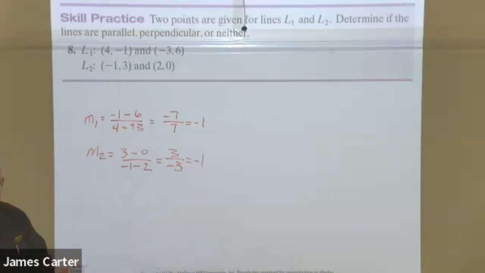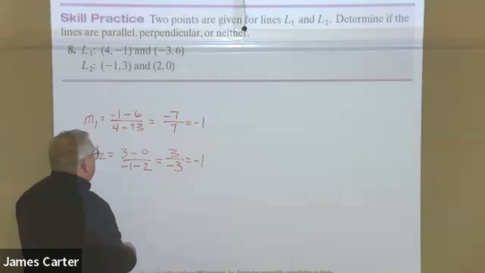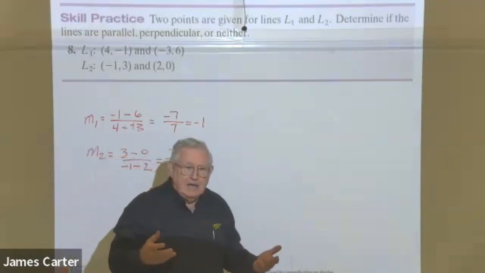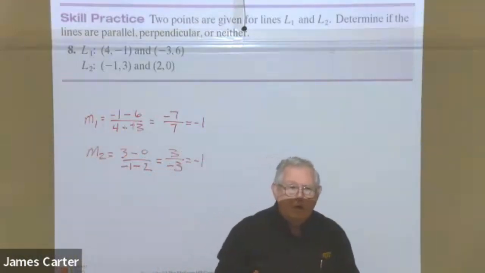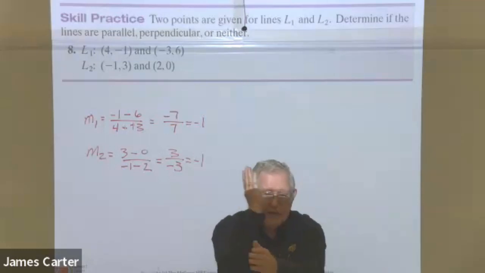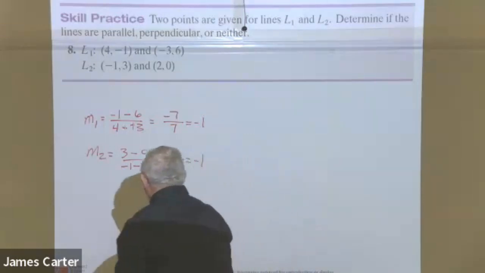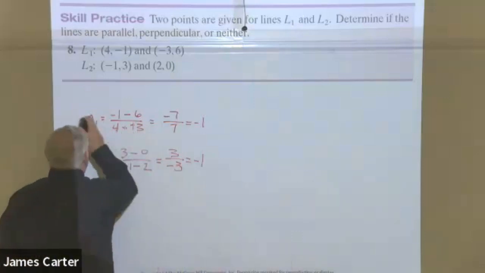So what do we know about the slopes of those two lines? They are parallel. Now, what if you had two lines and it was neither parallel or perpendicular? Then that just means that they cross in space somewhere. And we'll figure that out a little later.